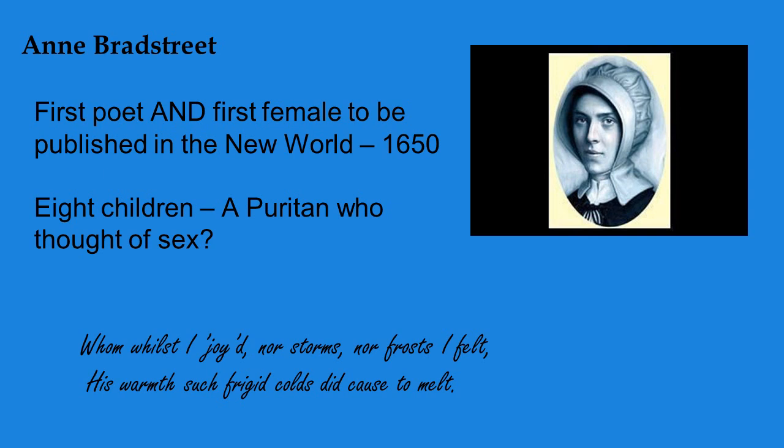Here's a woman who's actually talking about sex, for one, but actually saying she enjoys it, for two. So these 2 lines here that you see are her talking about her husband and how, basically, he makes her melt, kind of thing. So you can read that on your own. But here we have the first poet and first female published in the New World, and of course it's all about sex, right?